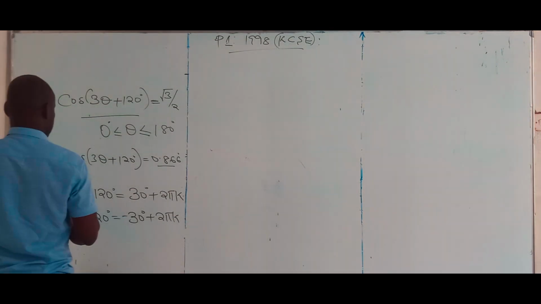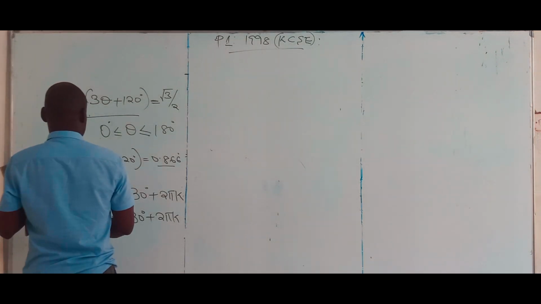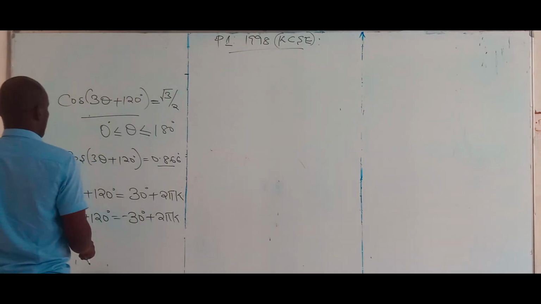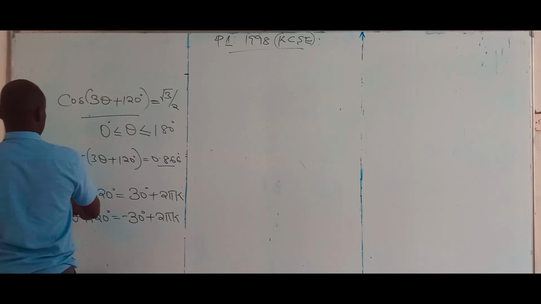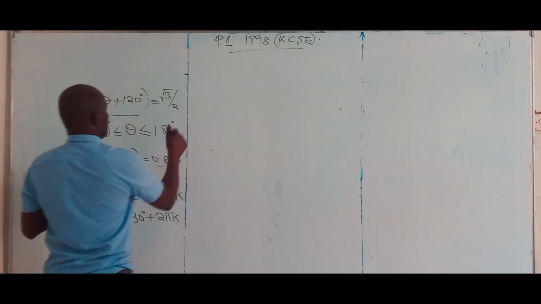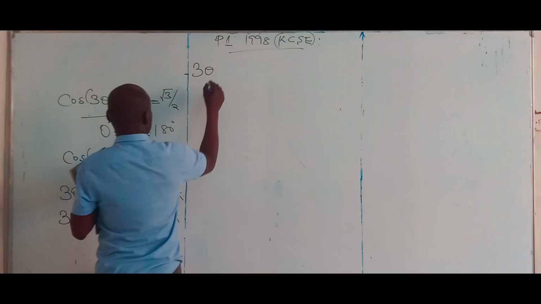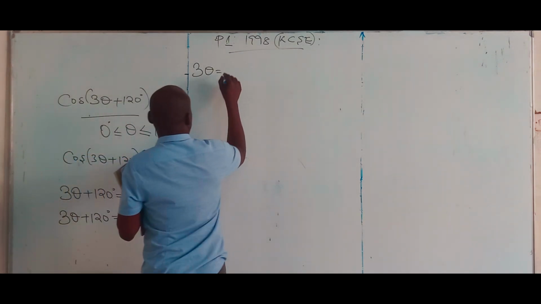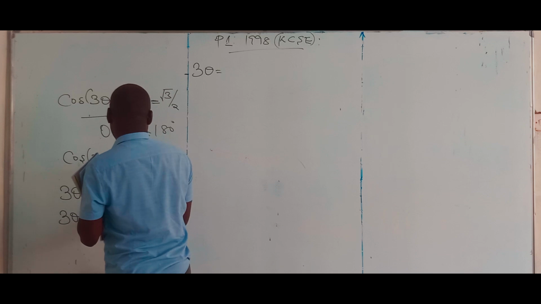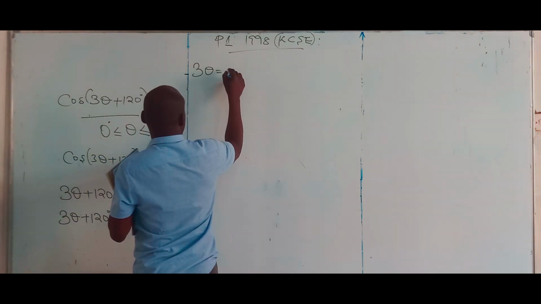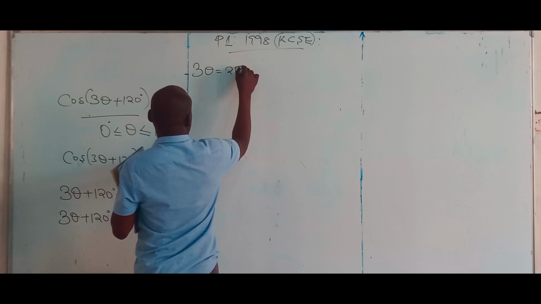If I take the first case, 3 theta is equal to 30 minus 120, which is minus 90, plus 2 pi k.